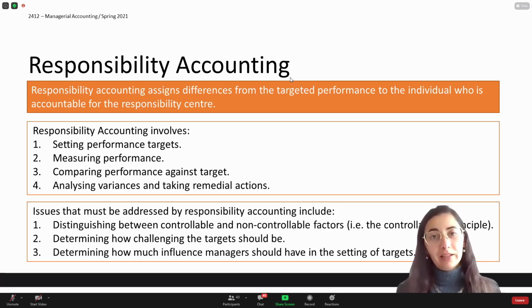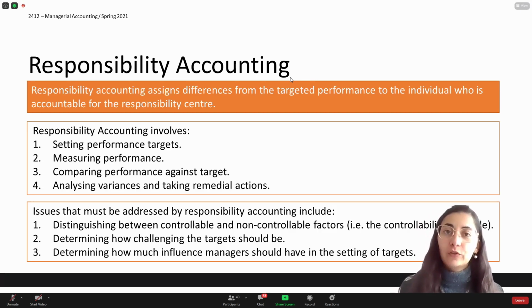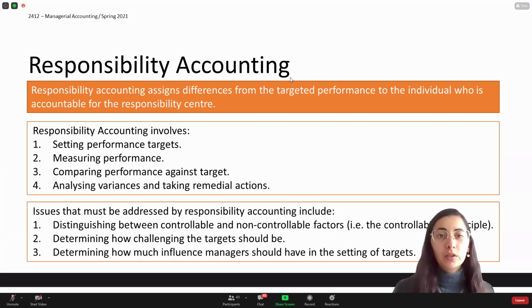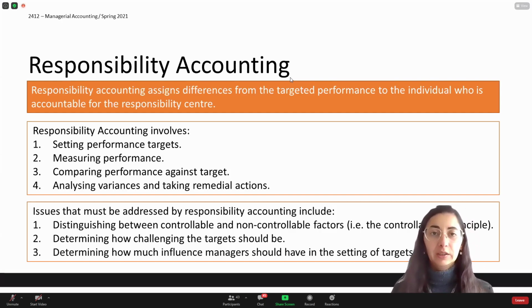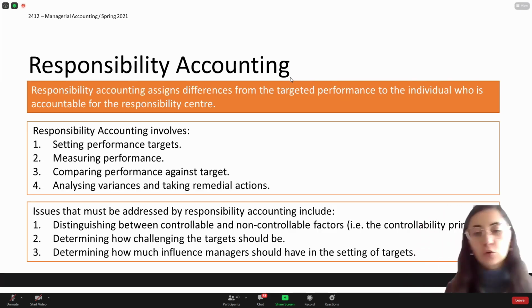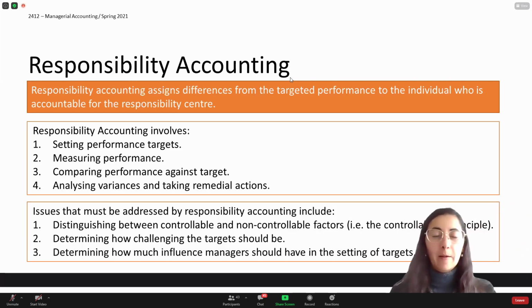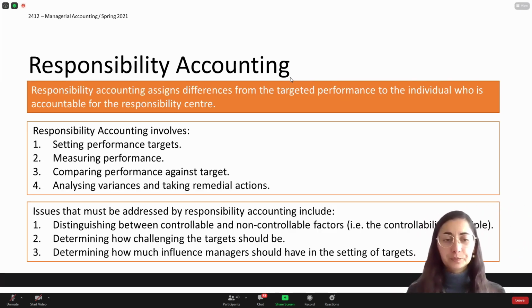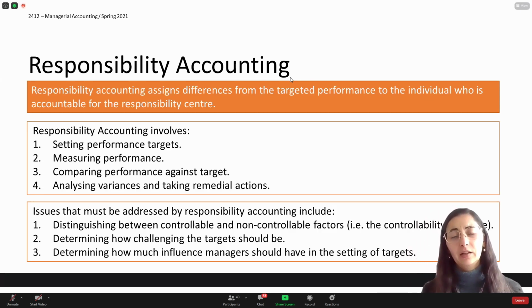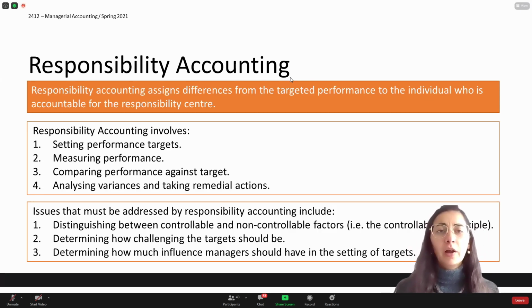And the pandemic that we are currently living through cannot be controlled by the managers of the store. That is why it's important to distinguish between controllable and non-controllable factors. And we will talk about the controllability principle very soon. So it's very important that we can distinguish which factors the manager can control.